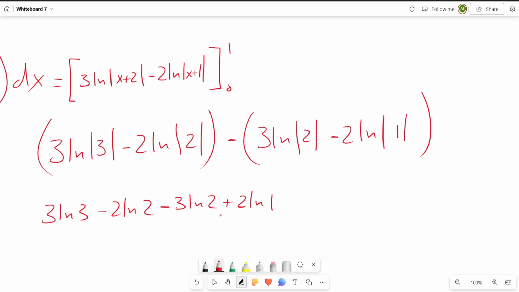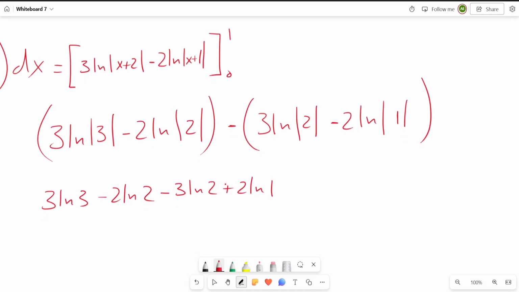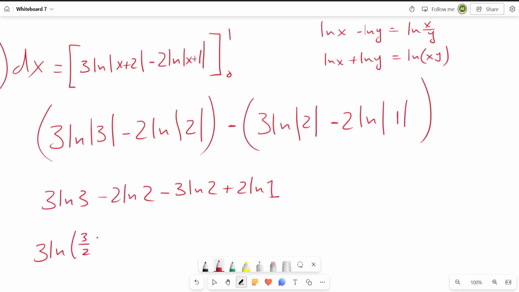So I know from logarithm or natural log properties that if I have ln x minus ln y, this is equal to ln of x over y, and if I have ln x plus ln y, this is equal to ln of x times y. So over here, I can combine this and this, so it's 3 ln 3 minus 3 ln 2, which is going to equal 3 ln of 3 over 2.